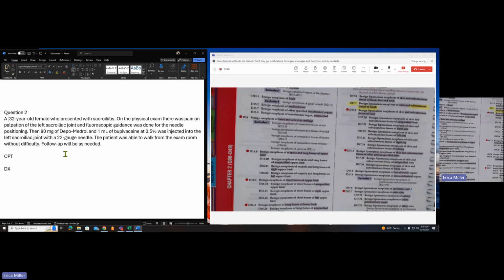Then 80 milligrams of Depo-Medrol and 1 milliliter of bupivacaine at 0.5% was injected into the left sacroiliac joint with a 22 gauge needle. The patient was able to walk from the exam room without difficulty. Follow-up will be as needed.